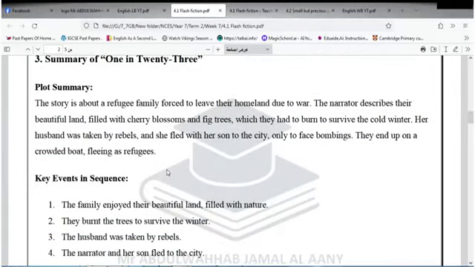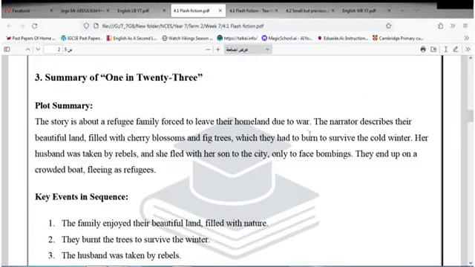And the story is about a refugee family forced to leave their homeland due to war. They escaped because of war. The narrator describes their beautiful land filled with cherry blossom and fig trees, which they had to burn to survive the cold winter.